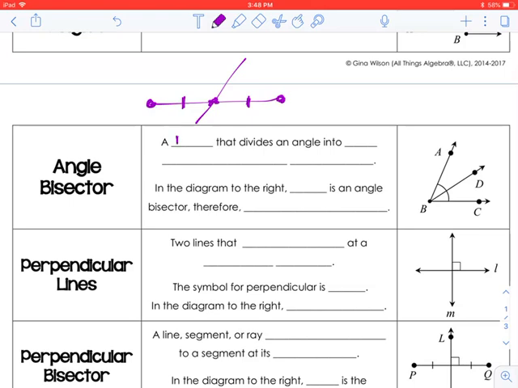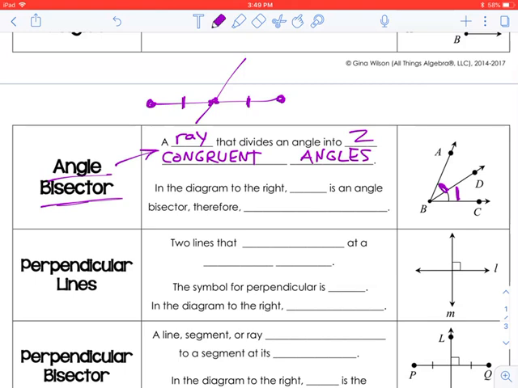A ray, so in this picture BD, a ray that divides an angle into two congruent angles, is said to be an angle bisector. That's what that is. A ray that divides it into two congruent parts. So this angle and this angle are the same measure.